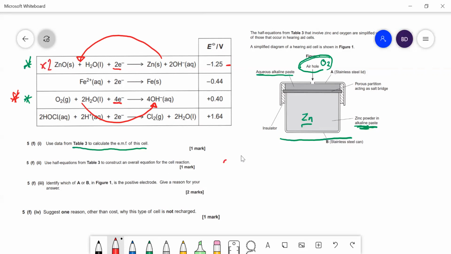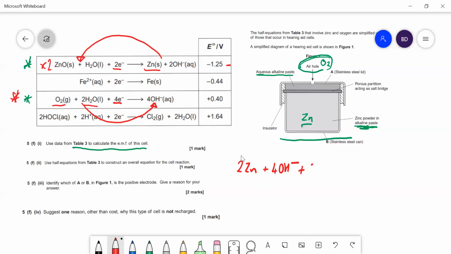So let's write down 2 ZnO plus 2 H2O. Sorry, that's the wrong way. We're going to have 2 Zn and 4 OH minus. And that's going to react with the oxygen and the water.